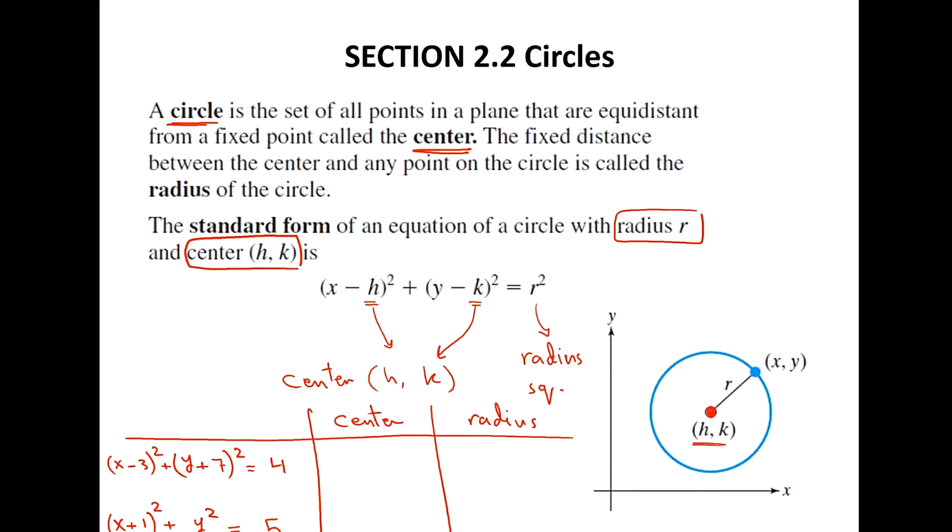So for the first equation, what's the value of the center? The center equals 3 and negative 7. Take the opposite of the sign, 3 and negative 7.